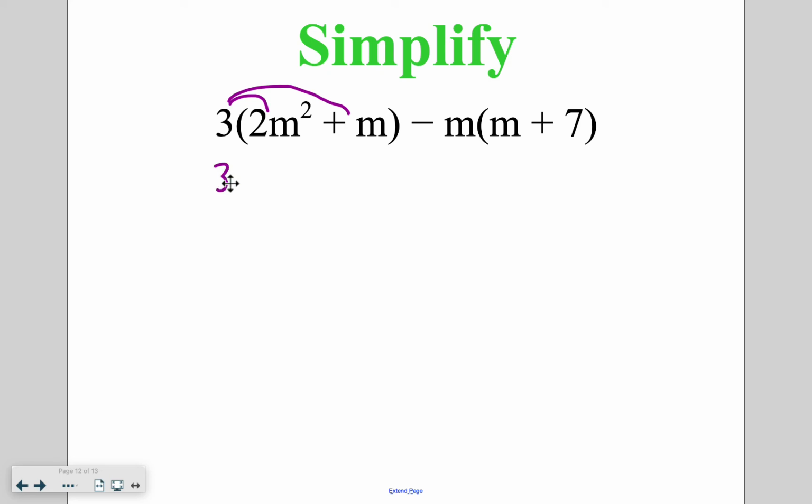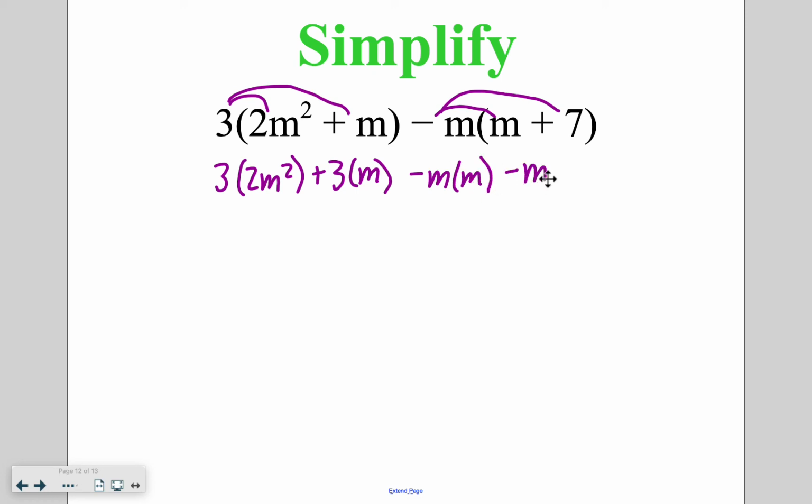I'm going to start with 3 times 2m squared plus 3 times m. In this second piece, we've got negative m being distributed to both. So I've got negative m times positive m and negative m times positive 7.